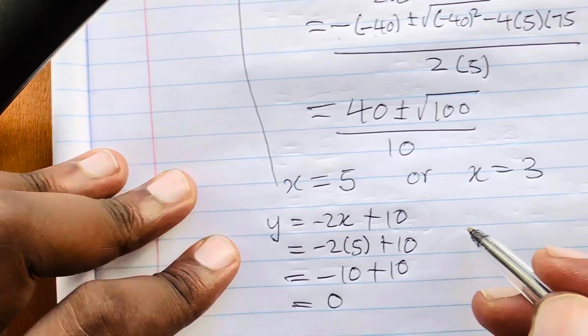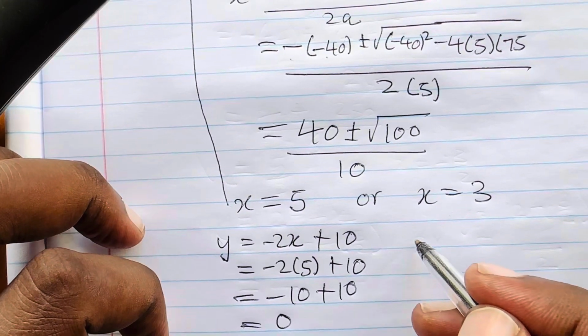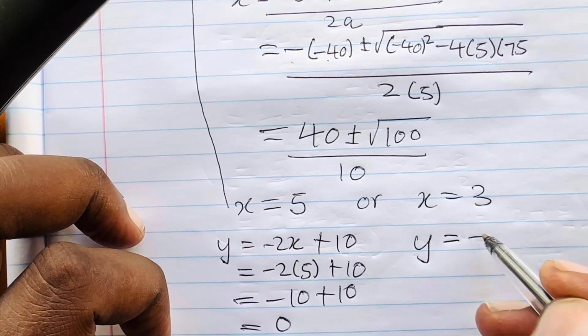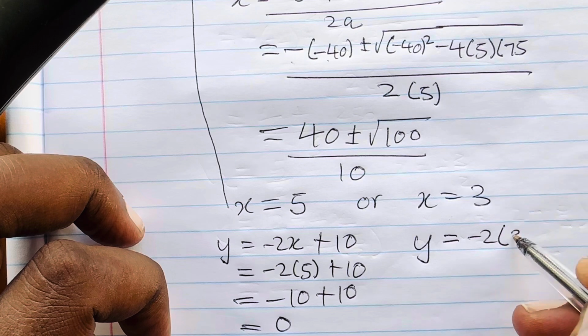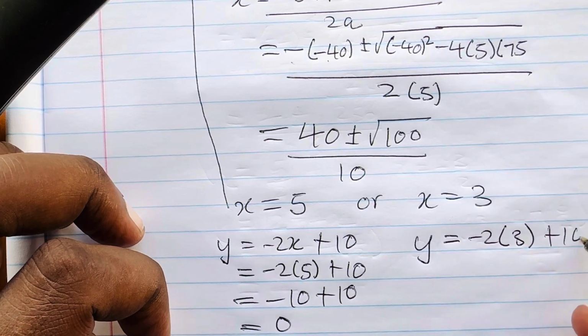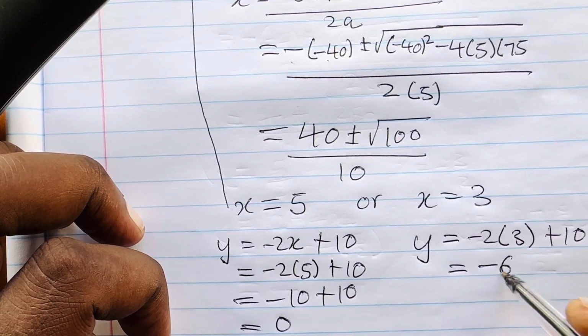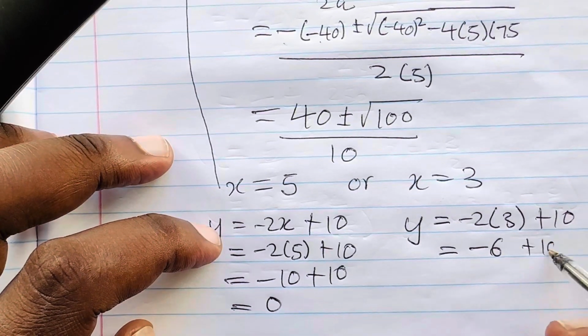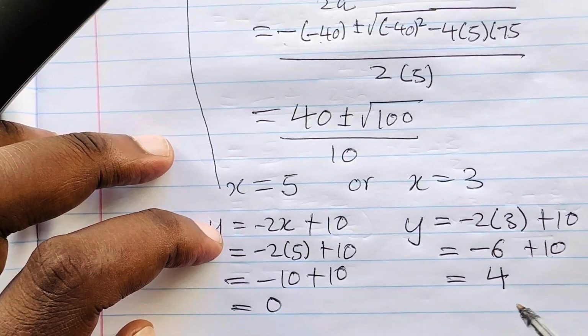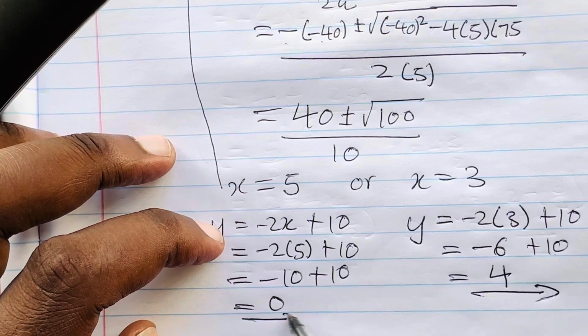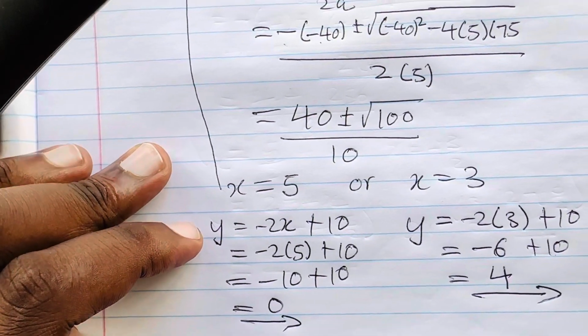Or we are going to have y is equal to negative 2 into 3 plus 10, which is negative 6 plus 10, which is how much? 4. Thank you very much. Those are the values of x and y now.